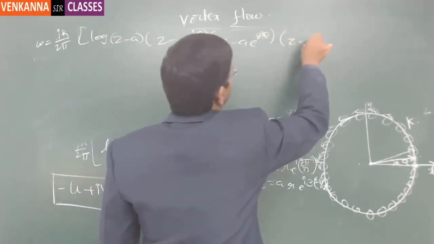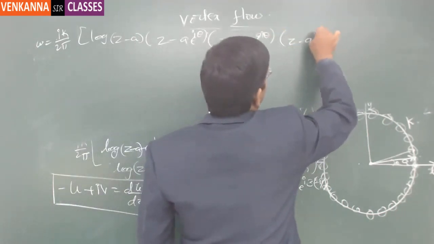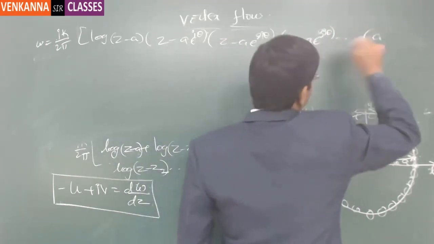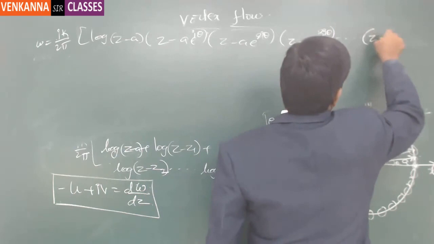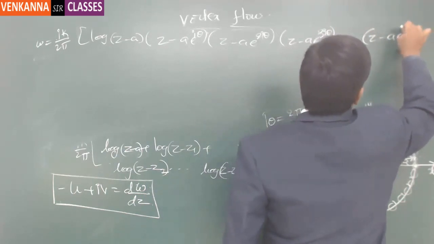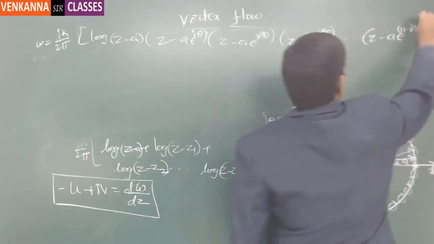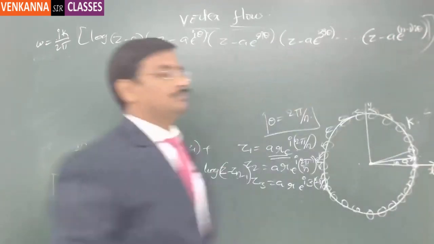Z minus A e power 3iθ, ..., Z minus A e power (n minus 1)iθ. Now this is the complex potential, right?